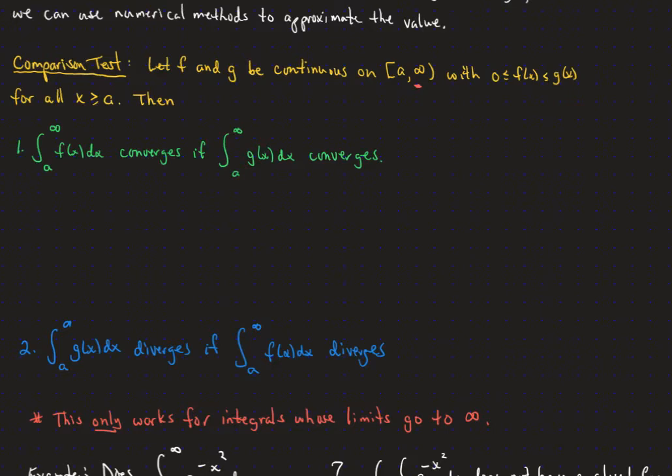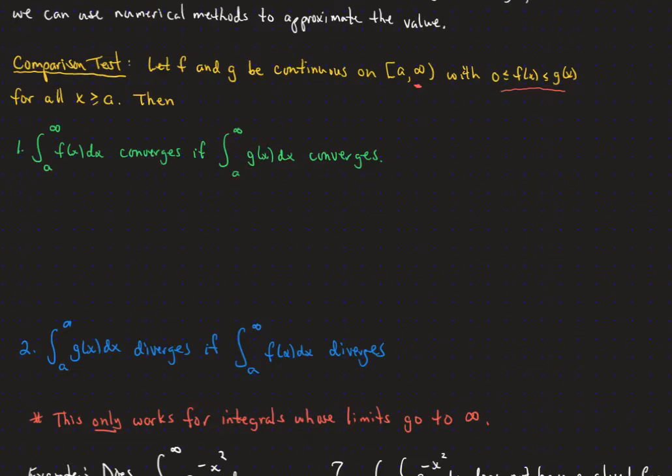And then we're going to have this relationship between f and g. Normally we'll be given either f or g. One of those two will be the integral we're trying to determine if it converges or diverges. The other one is one we're going to pick to be the comparison function.